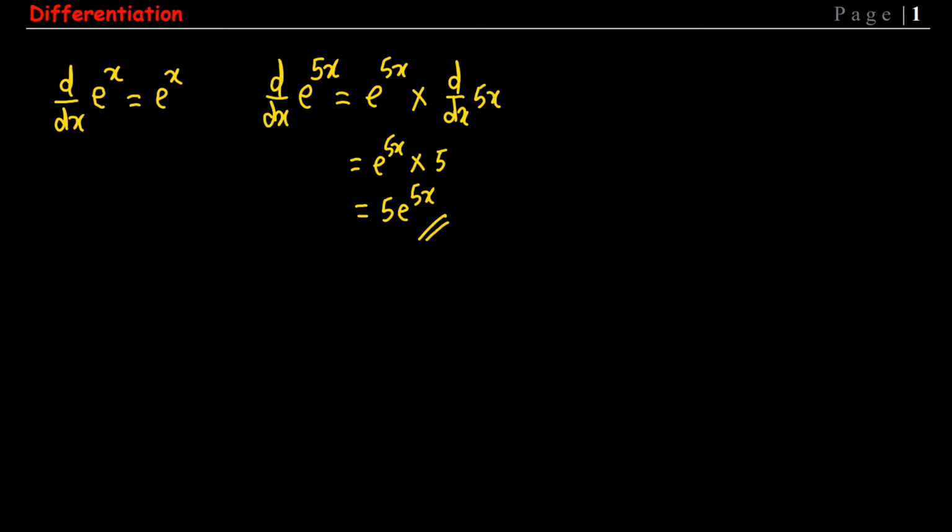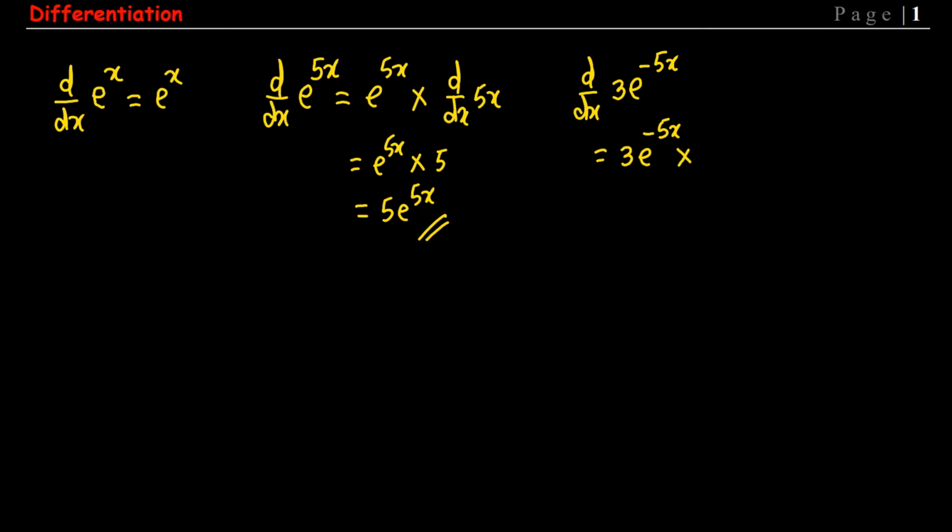Let's see another example. If it is written here 3 e to the power minus 5x, what would it be? Similar procedure: we need to write 3 as a constant first, then e to the power, whatever is written there, we need to write the same thing.